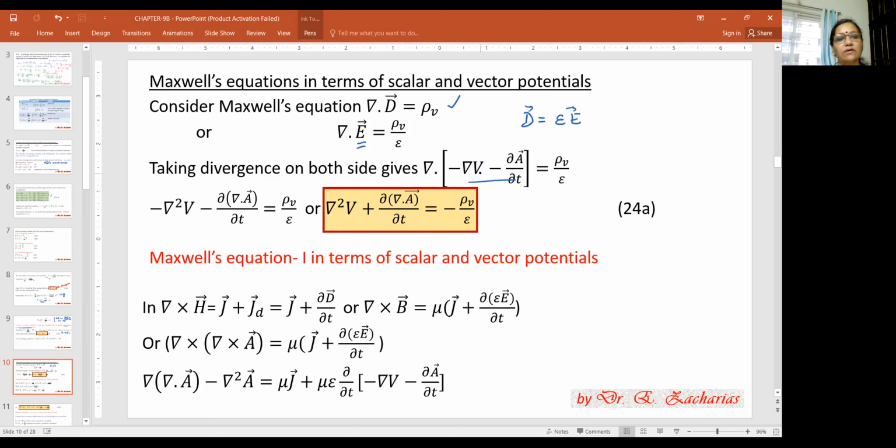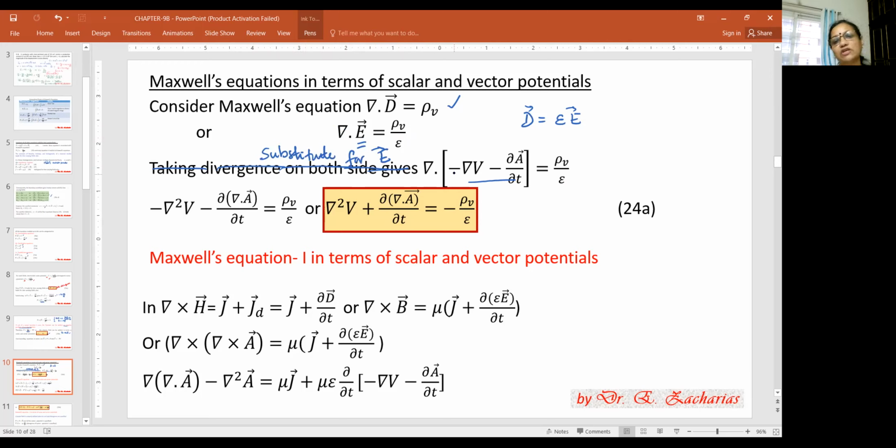I'm sorry, you don't have to take divergence on both sides. I wrote something wrong here. Already there is a divergence. Del dot E is equal to rho by epsilon. Only thing you're doing is substitute for E.